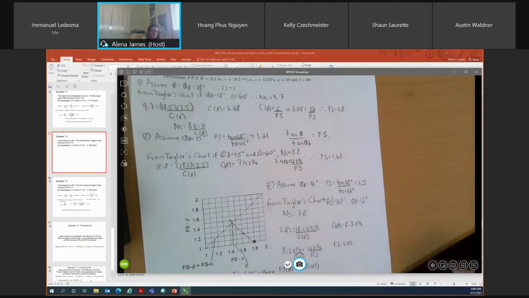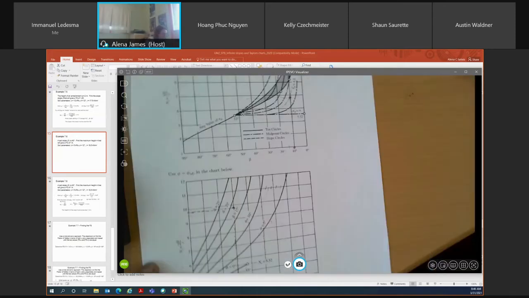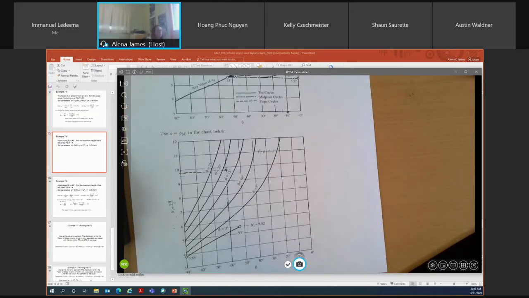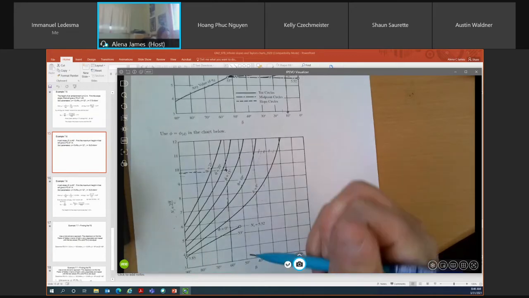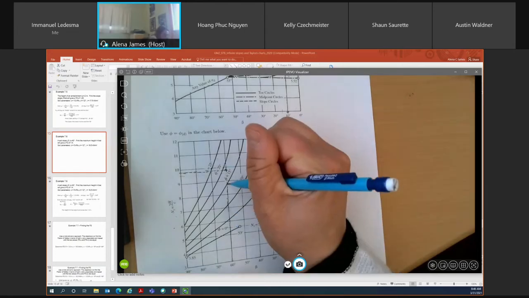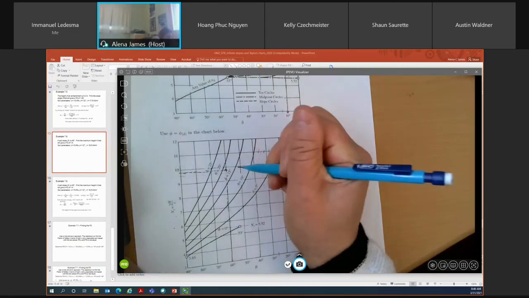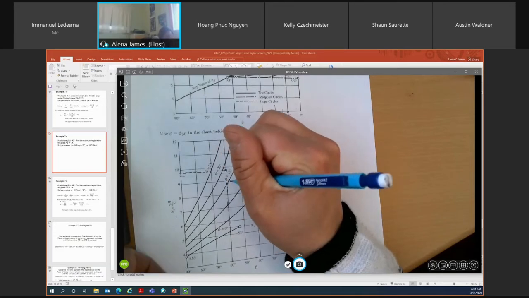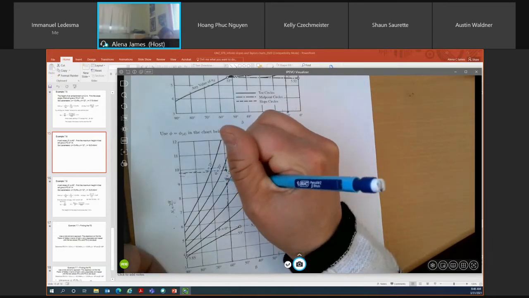So again, I'm going to go through the same process that I went through previously, where I'm going to use my Taylor charts to determine what my NS value is. My slope angle remains constant at 60 degrees. Now I'm going to go to where this 60-degree slope angle intersects my phi-d value of 15.